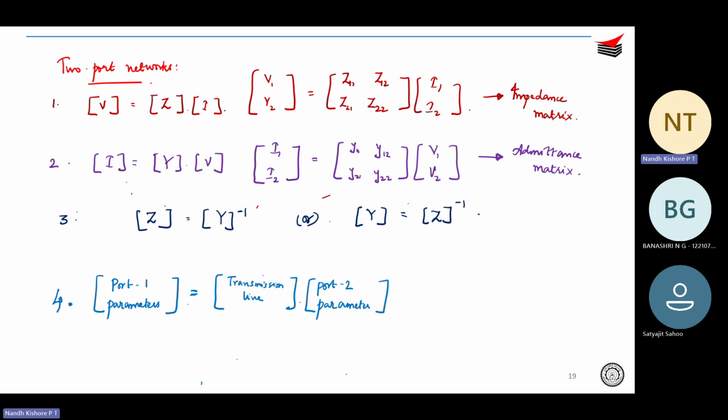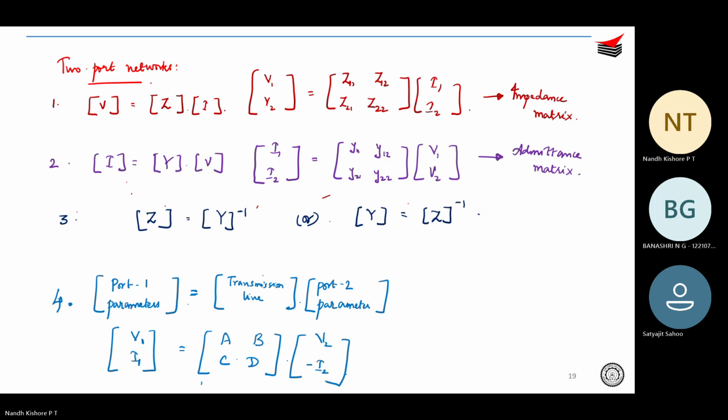So what we mean is V1, I1, that is current entering port 1, is equal to the transmission line parameters, which can be called A, B, C, D, into the port 2 parameters, which are V2 and minus I2.